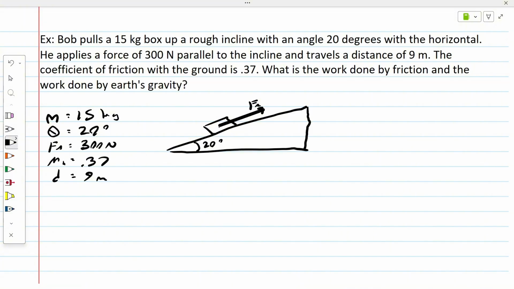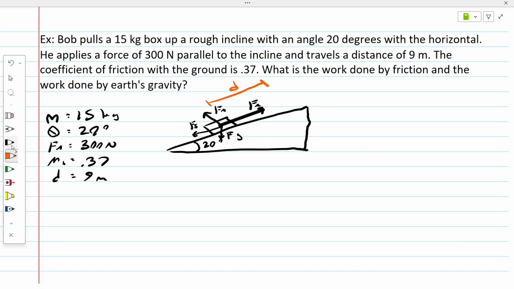There'll be a force due to gravity coming down, a normal force coming off of it, and we know there's friction because it says there's a coefficient of friction. The friction will always be in the direction opposite to the motion. We know this box travels a distance d of 9 meters. So we want to know the work done by friction.